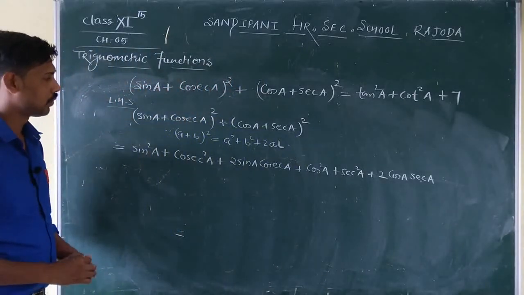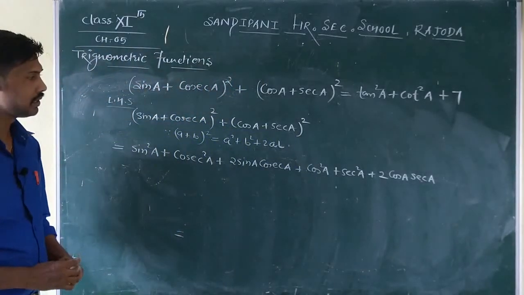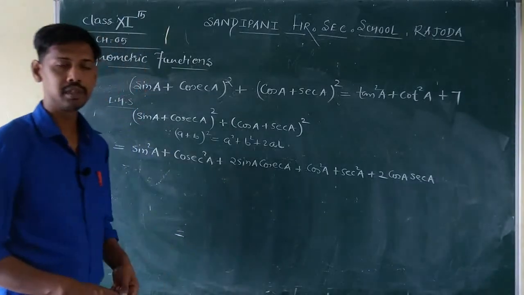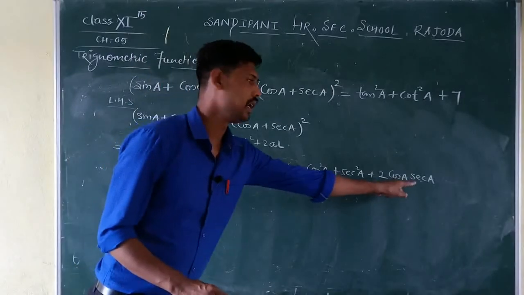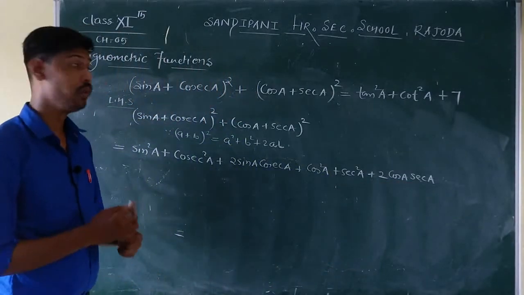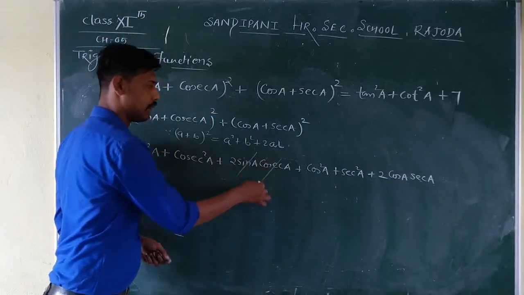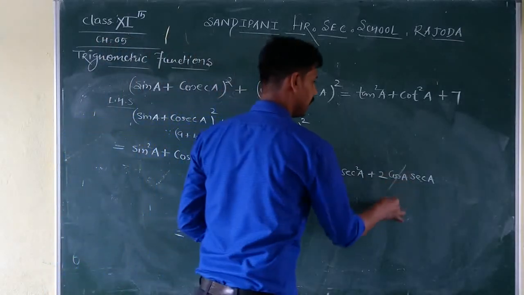As you know, according to the class 10 syllabus, sin theta and cosec theta are reciprocal to each other, and cos theta and sec theta are reciprocal to each other. So we cancel sin by cosec and cos by sec.